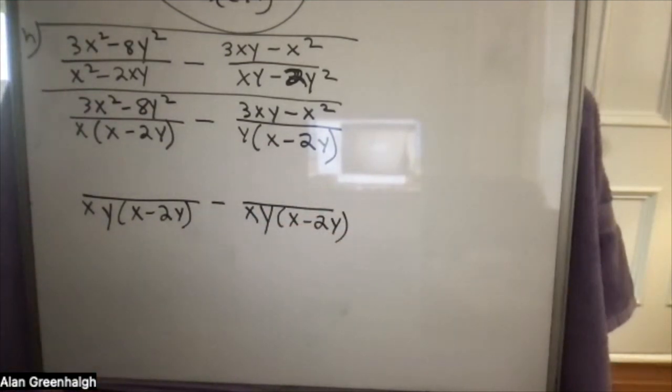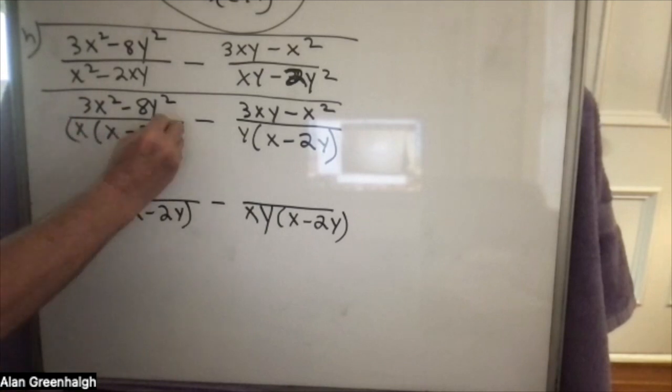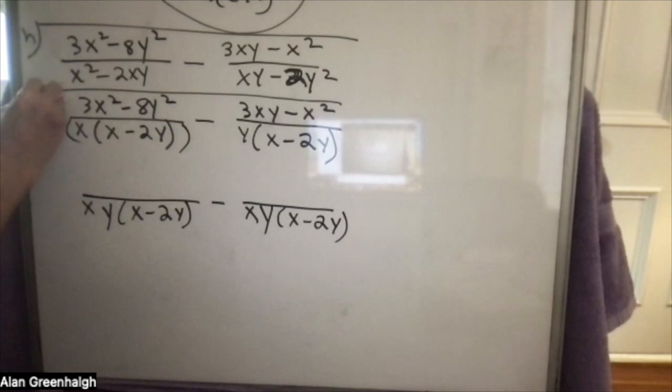That's the least common denominator. Not bad. So far, pretty good. Right? Now, the old denominator, the new denominator. What's missing? Going from here to here. The y. Therefore, we need to multiply numerator and denominator by y.